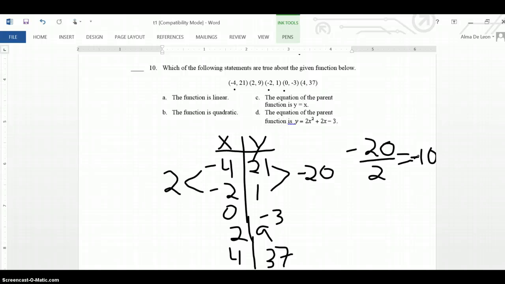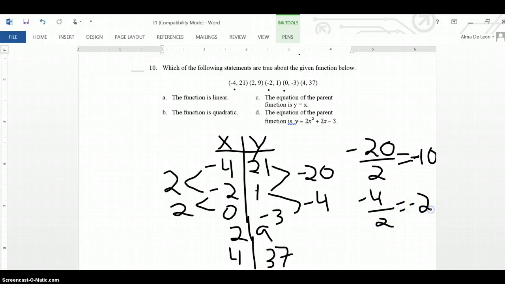To go from -2 to 0, I have to add 2. To go from 1 to -3, I have to subtract 4, because we're going from a bigger number to a smaller number. So my rate of change here would be the change in the y, which is -4, over the change in the x, which is 2, which is -2.